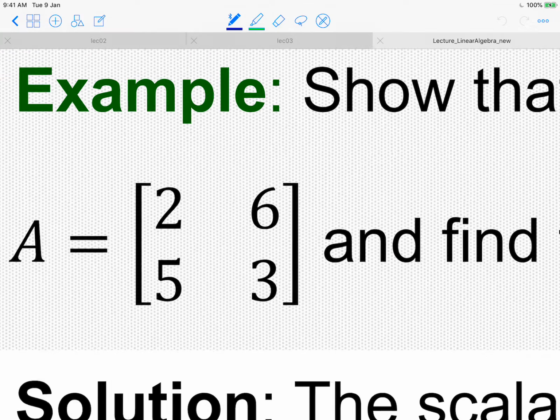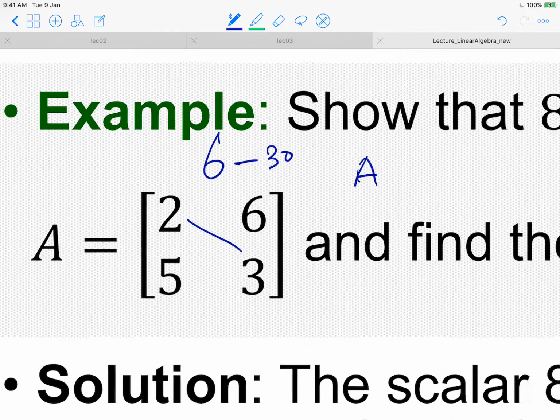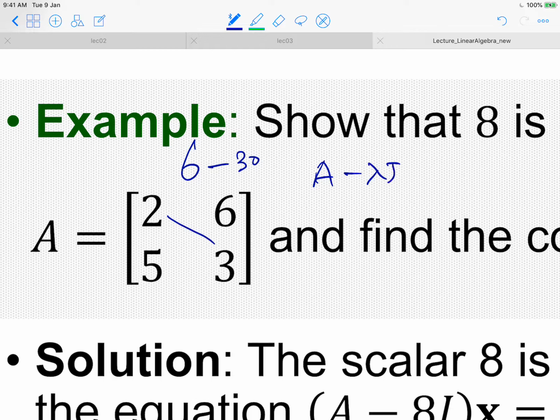So, for example, let's suppose A is a 2 by 2 matrix in this form. Is matrix A singular, or is it invertible? If we compute the determinant, it is 6 minus 30, so it's non-zero, and so it is invertible, right? But once we subtract lambda I, it should become singular.